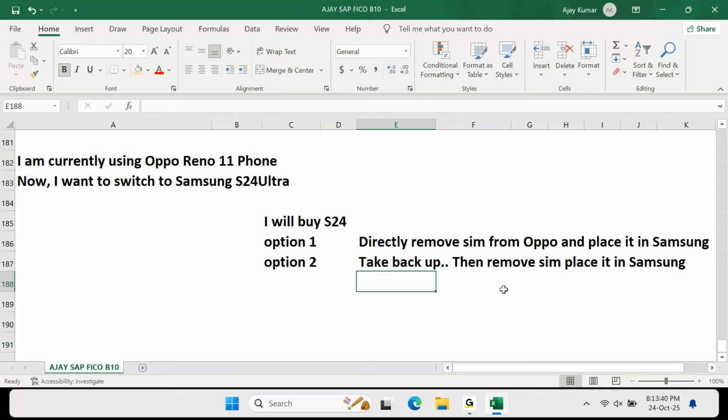But on the other hand, if I take a backup and when I put in this SIM card, I bring the backup here, I don't see any difference, right? All the data I will see even on my Samsung phone: contacts, WhatsApp chat, everything. Just the device change. My day-to-day transactions, images, everything is now transferred from Oppo to Samsung. Correct or not?